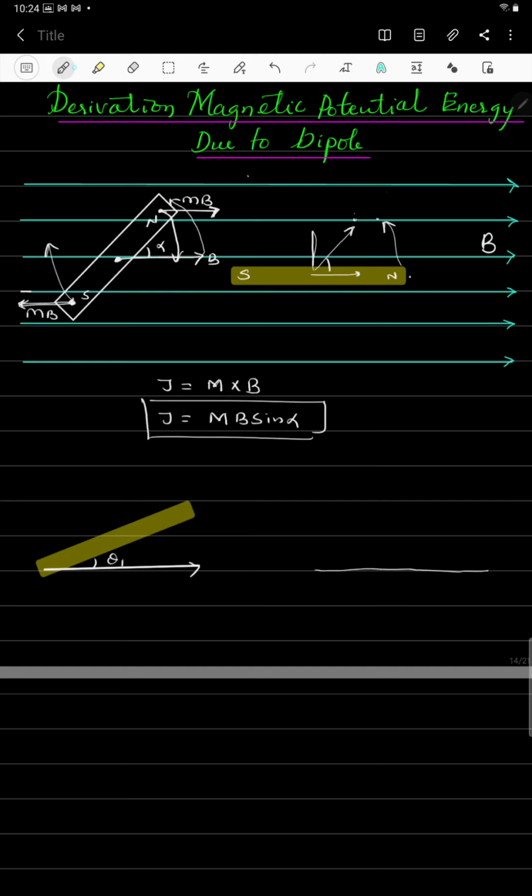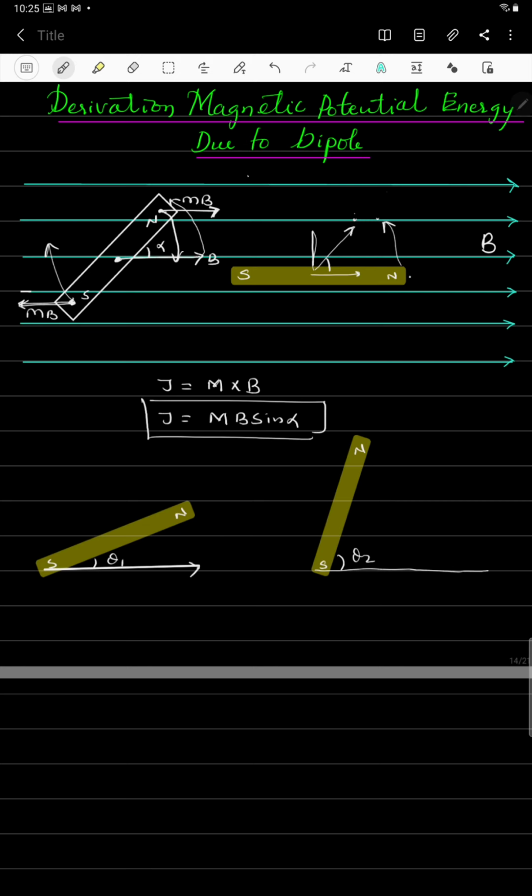It means I am moving that magnet from position 1 to position 2, that is from here to here, or otherwise up to here, which is nothing but theta 2.